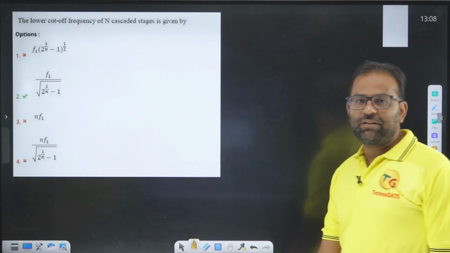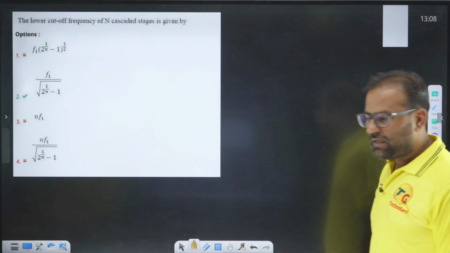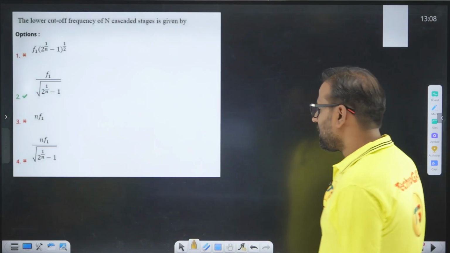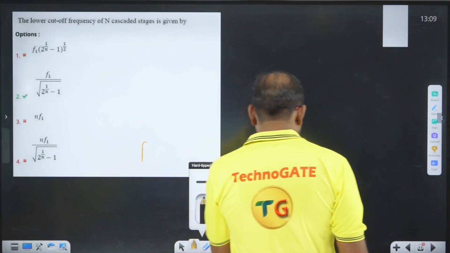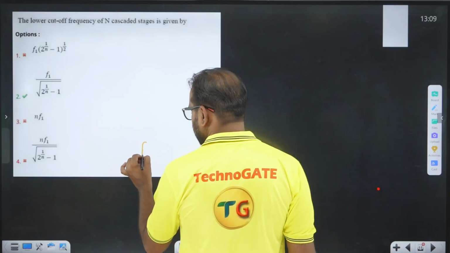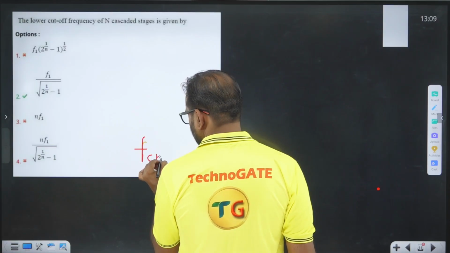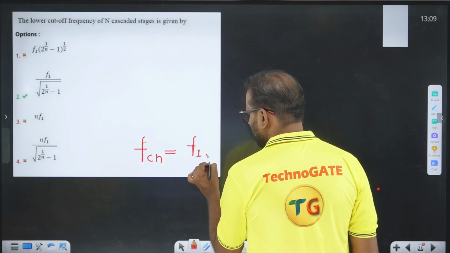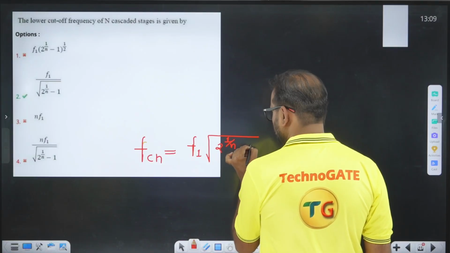Okay, the cutoff frequency for n cascaded stages. So always remember, if they are asking about the higher cutoff frequency, the higher cutoff frequency of a transistor will be f1 into 2 to the power 1 by n minus 1.